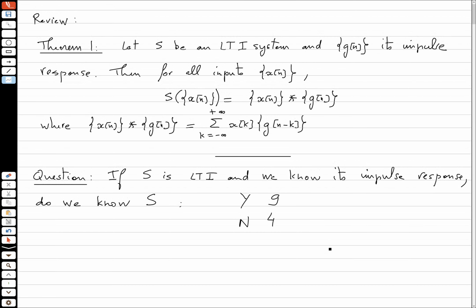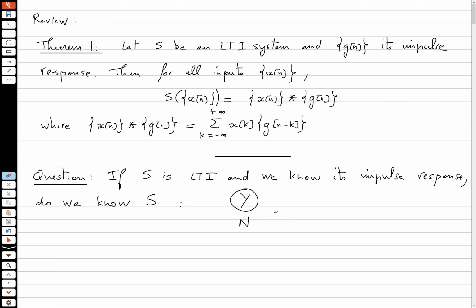Come on, the answer to this question was here. If S is LTI and if you know g of n, the impulse response, then you have this formula. You have the explicit formula of S. So obviously it's yes.